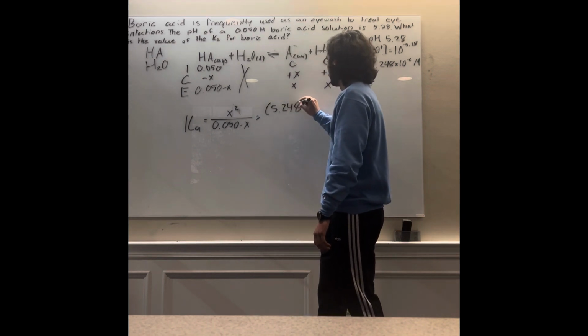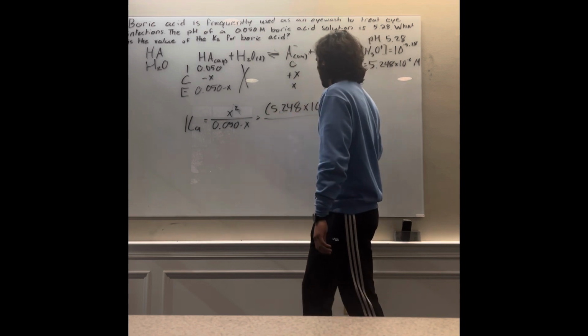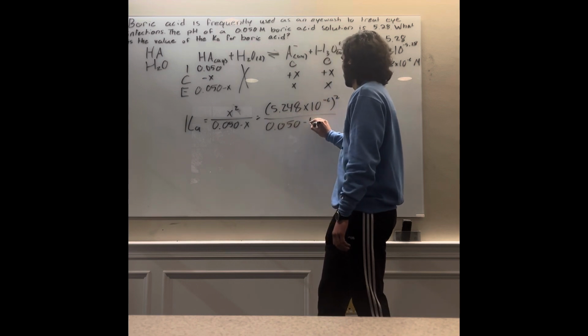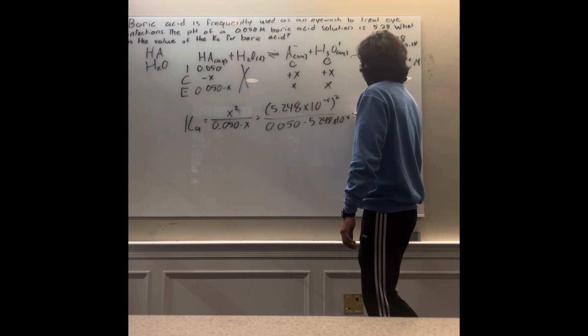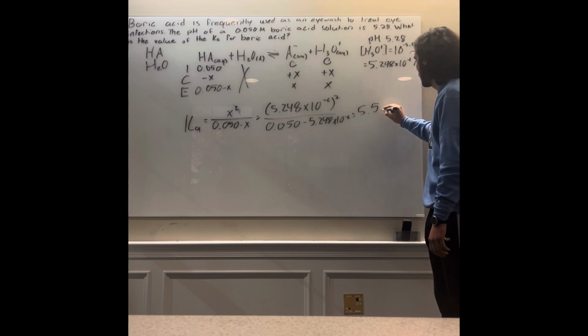So 5.248 times 10 to the negative 6, squared, over our reactants. And this will come out to a Ka value of 5.5 times 10 to the negative 10.